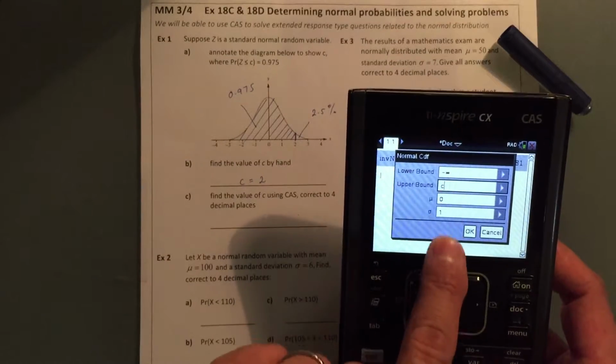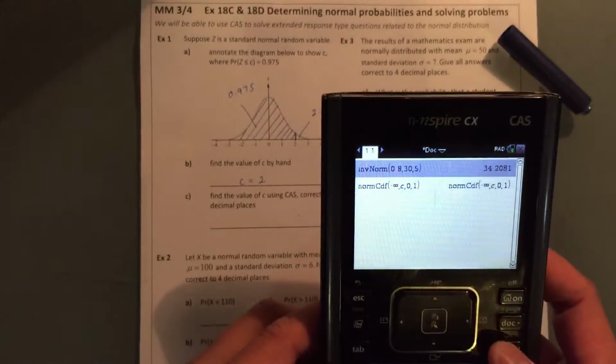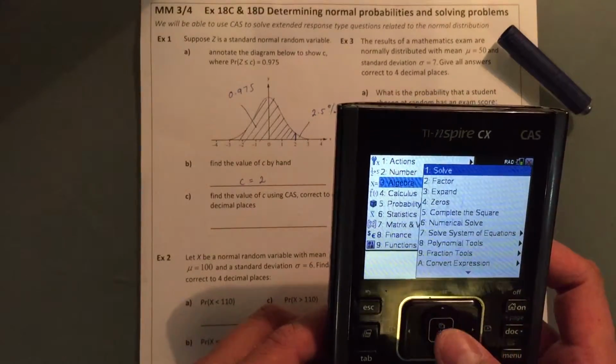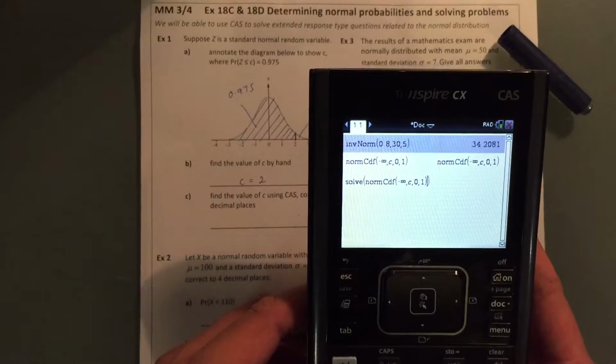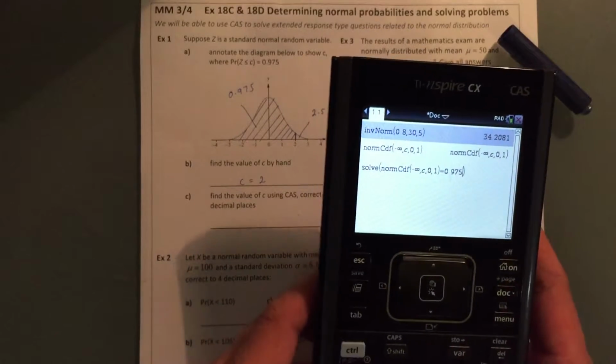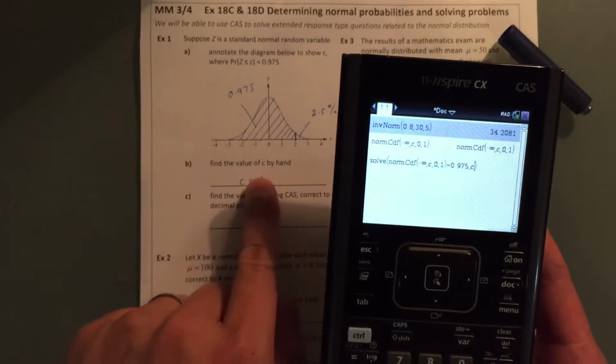Now it's a standard normal curve, so the mean is 0 and the standard deviation is 1. And I need to solve this for where this area will be equal to 0.975. And I'm going to say, tell me what C is. We're expecting 2.